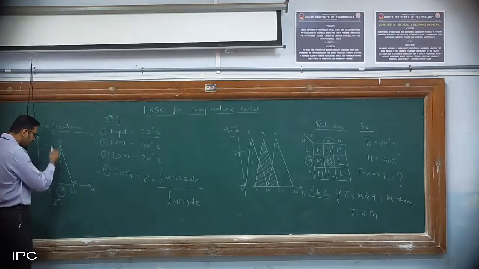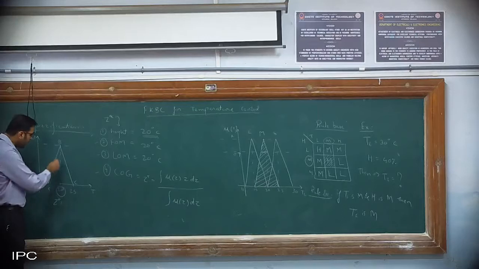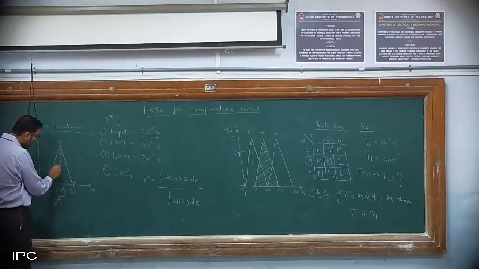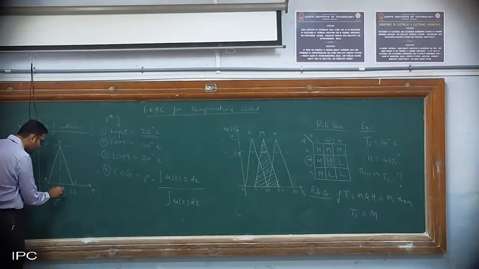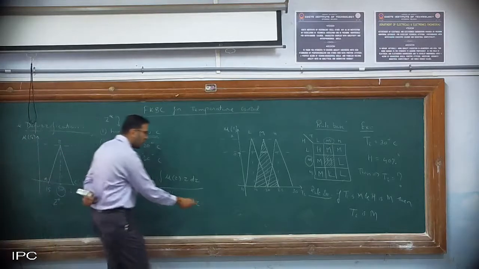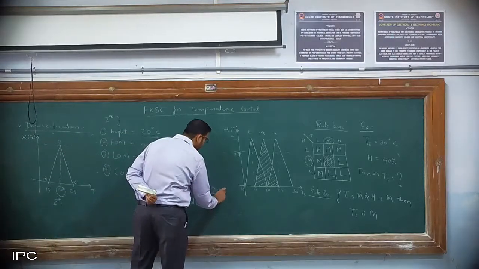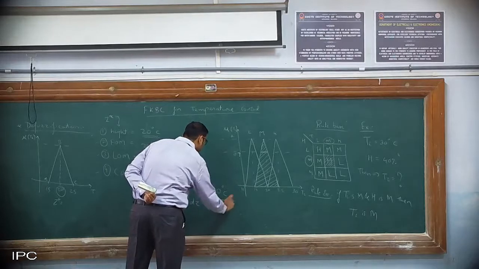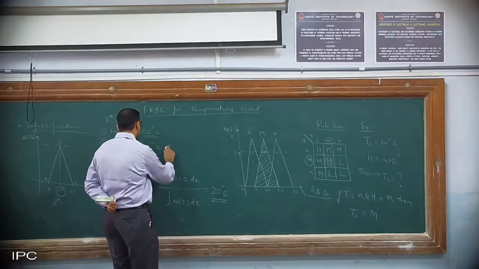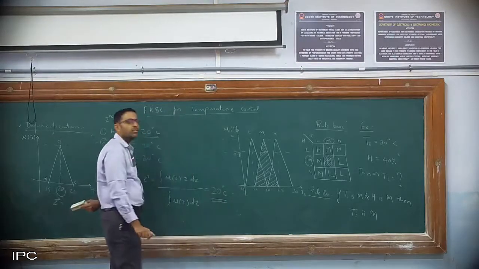As it is a symmetric triangle, obviously the center of this area will be this point. So again it becomes 20. After solving all those things, you will get 20 degrees Celsius as your answer. So you can see that all the methods are giving you the same result.